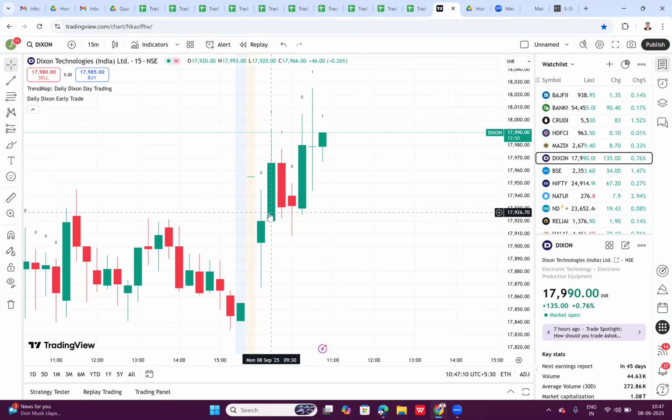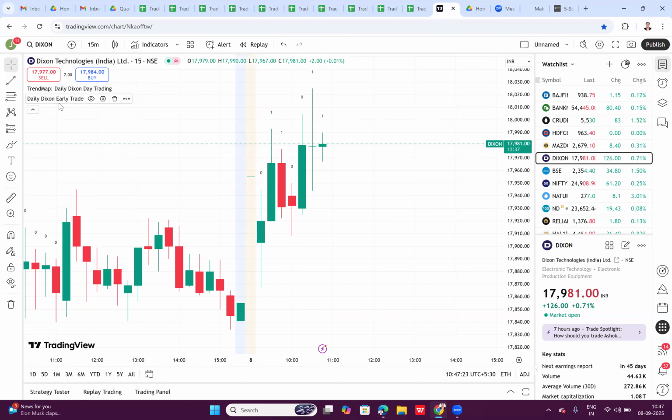If anyone wants to trade in Dixon future and Dixon option, then we always have to check the setup using this first indicator only. We don't have to check the setup using this Dixon early trade indicator, because we have to use the Dixon early trade indicator for Dixon cash trading.